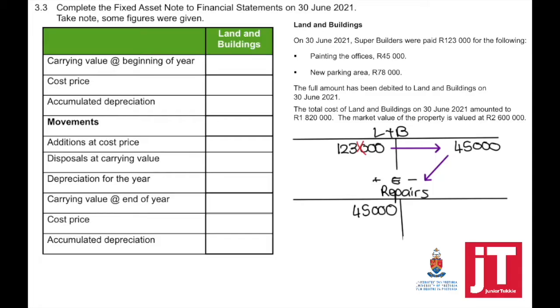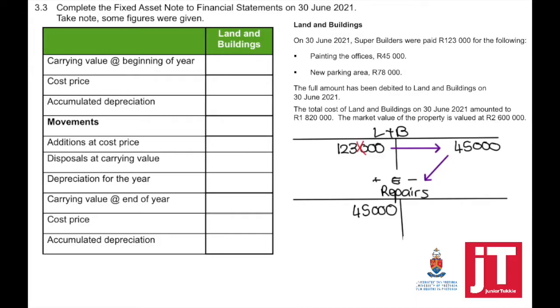The new parking area is 78,000, and that should stay in your land and buildings. If you take 123,000 minus 45,000, it means that 78,000 will still appear in the land and buildings.